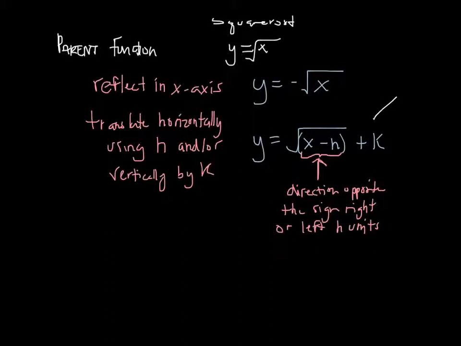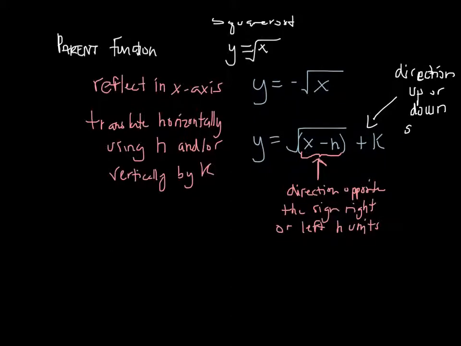The vertical translation is signified by the symbol outside the parentheses that tells us the direction of the translation, up or down, and the direction corresponds with the sign.